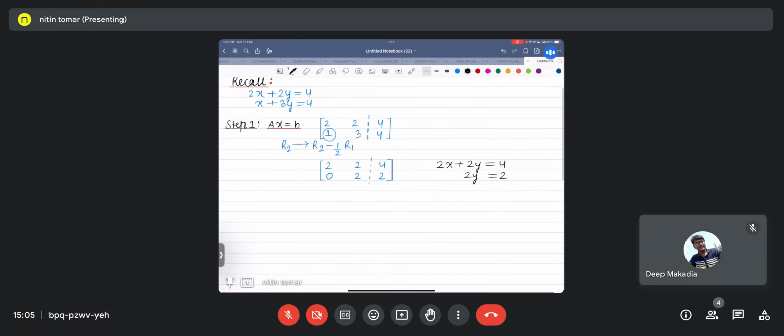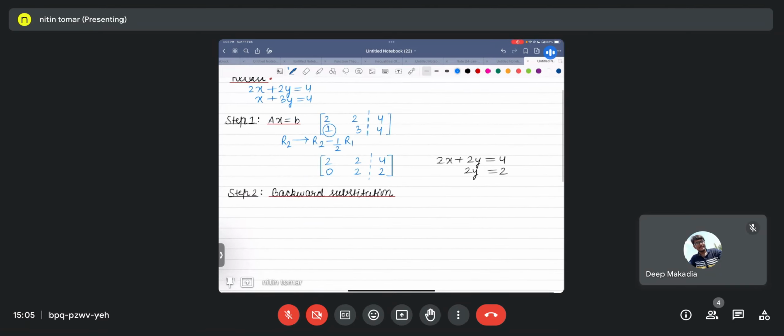Now you know the backward substitution. What will backward substitution give you? y equals 1. Then 2x plus 2 times 1 equal to 4.